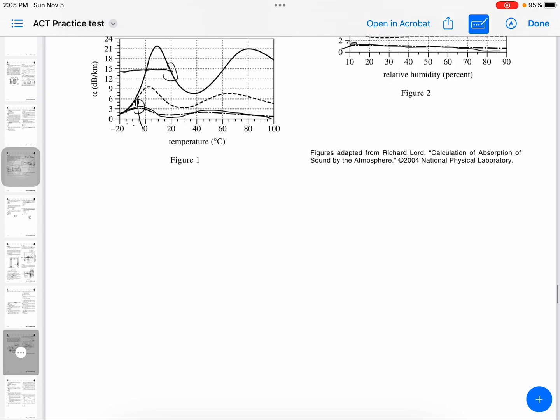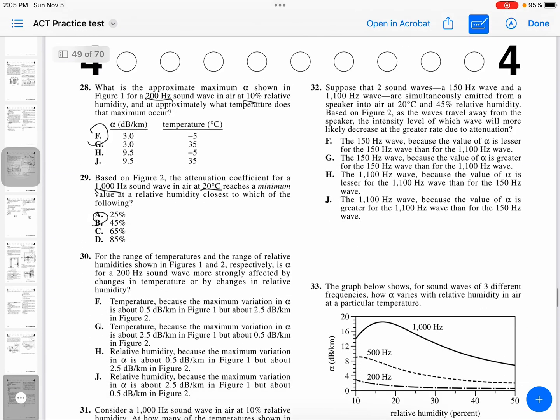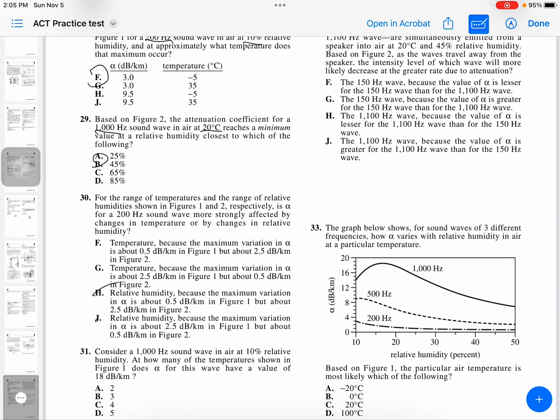And so we're going to say temperature. Get rid of relative humidity because maximum variation in alpha is about 0.5 decibels per kilometer in figure 1, but about 2.5 in figure 2. Well, that would be the opposite. So this temperature is correct, but then they flip-flop these two.